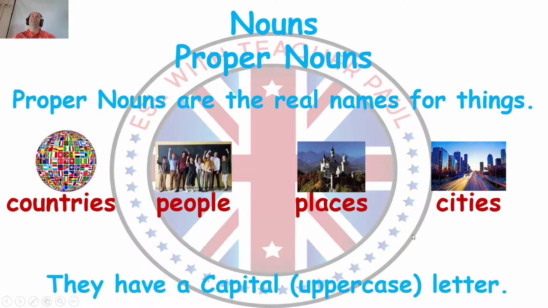And they always have a capital or uppercase letter. For example, Thailand, or your name, or my name, or your mother's name, or a city's name such as Bangkok or London or New York. These are proper nouns. They are the real names for a city, a country, a person, or a place.